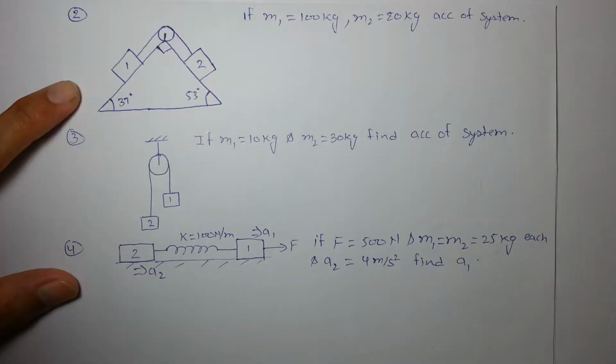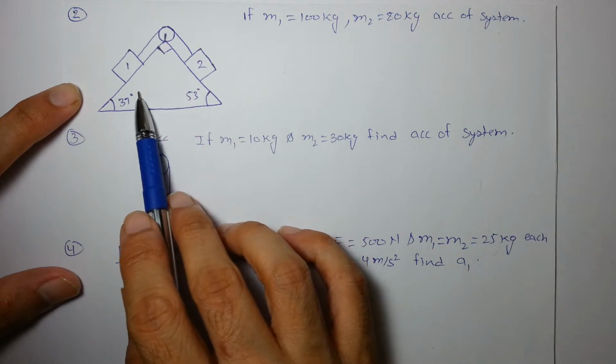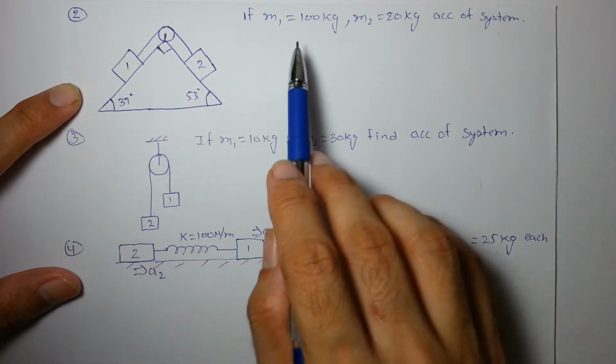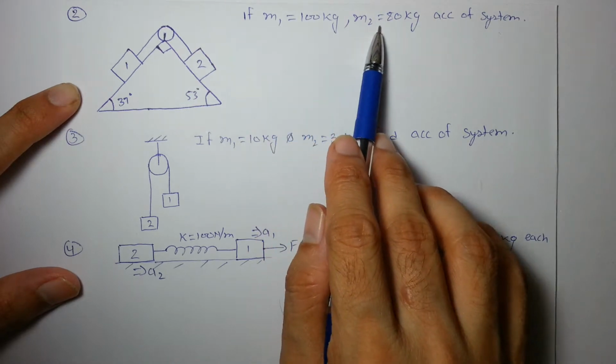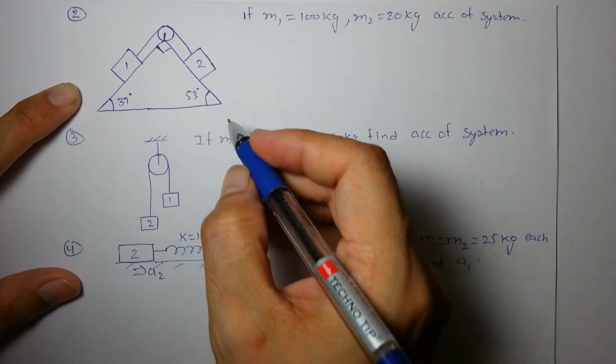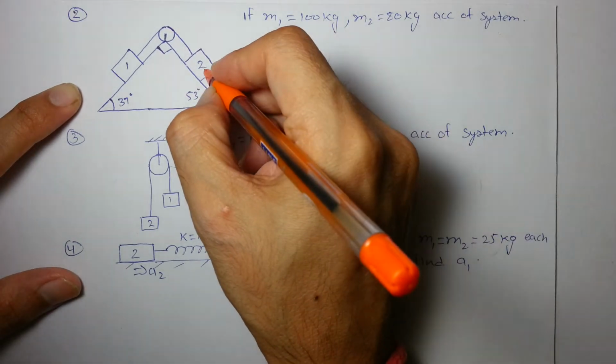In the next example, there are two blocks placed on a smooth wedge having this angle of incline. M1 is 100 kg, M2 is 80 kg. We have to find the acceleration of the system. So let's draw the FBD in this. Draw the main forces.